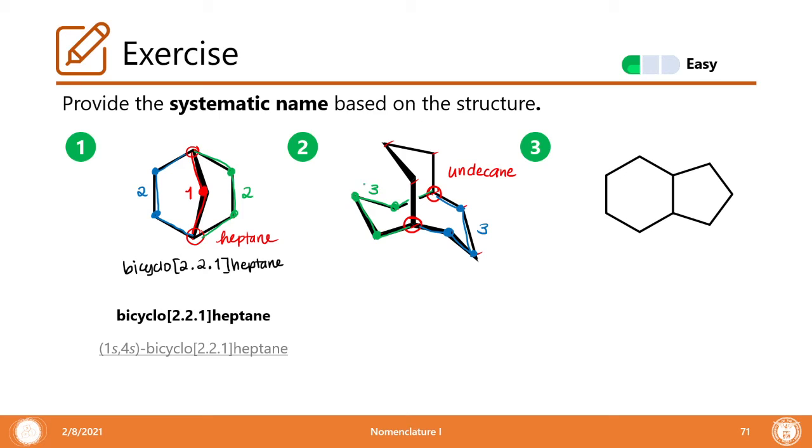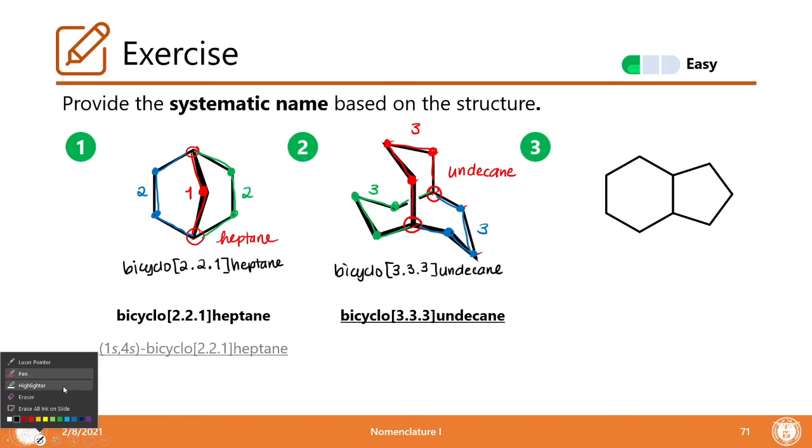So we also have 3 here. And 1, 2, and 3, 3 as well. So when you write the name, bicyclo[3.3.3]undecane.